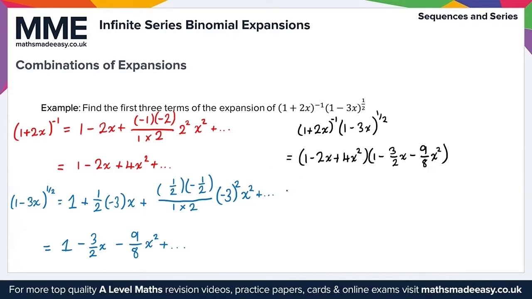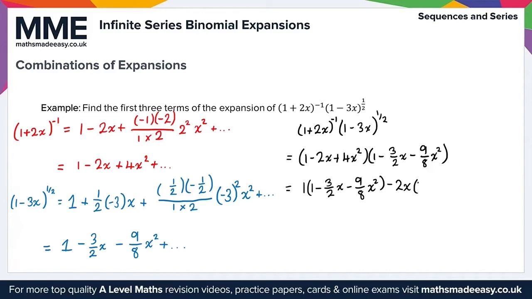So writing that out in full here, what we obtain is 1 times 1 minus 3 over 2x minus 9 over 8x squared. So what we've got just to start with is 1 times by our second bracket in full. And now we minus 2x. We take the minus 2x here from our first bracket, and we only times it by the first two terms.